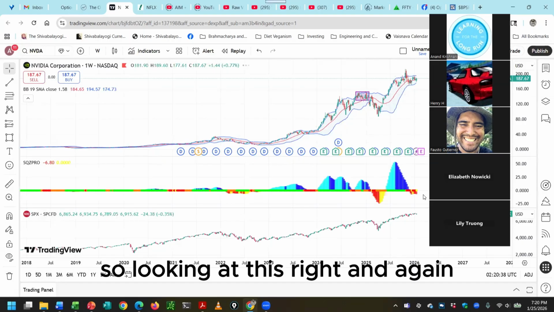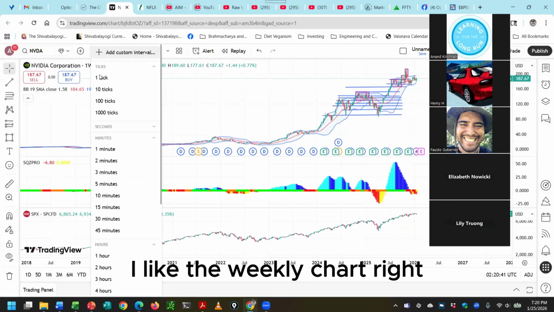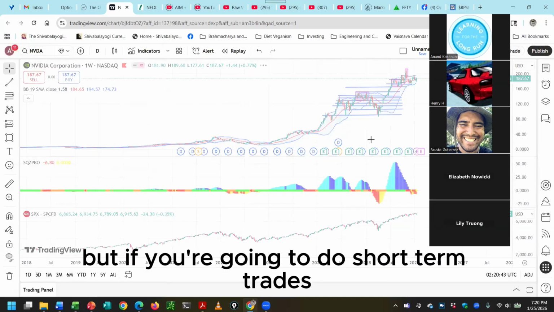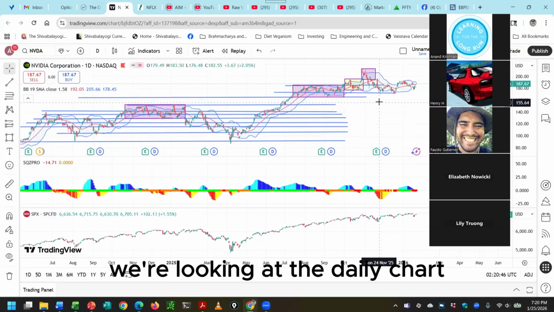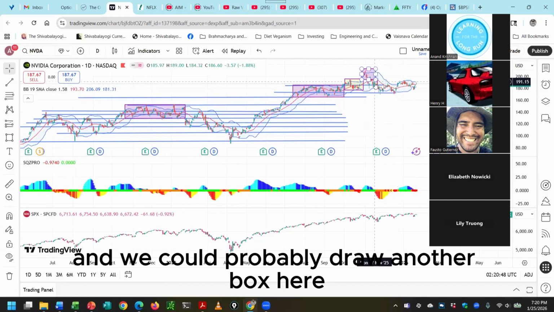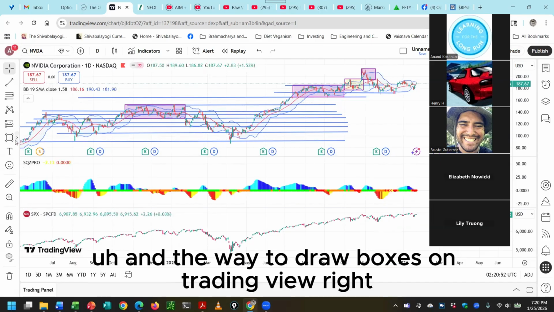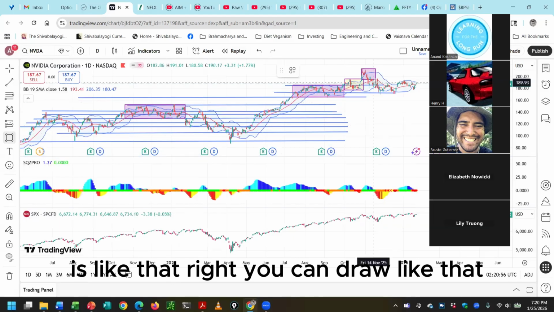So looking at this, and again, I like the weekly chart, but if you're going to do short-term trades, we're looking at the daily chart. And we could probably draw another box here. And the way to draw boxes on TradingView is like that. You can draw like that.